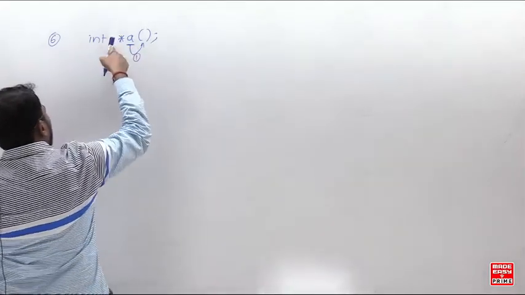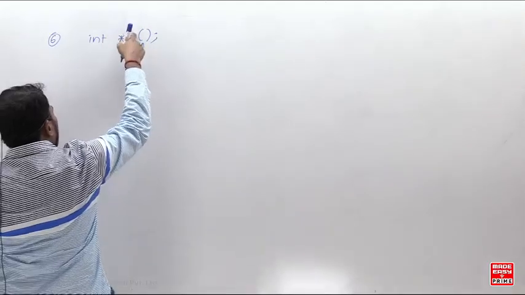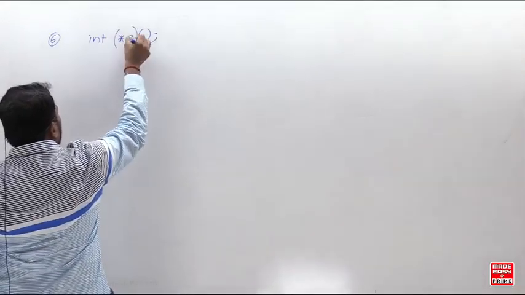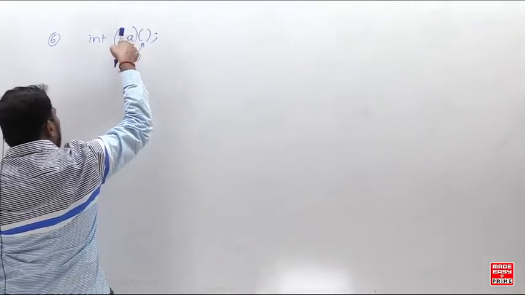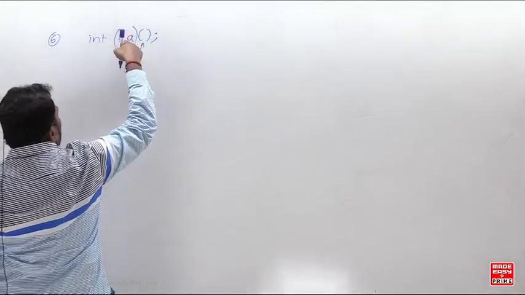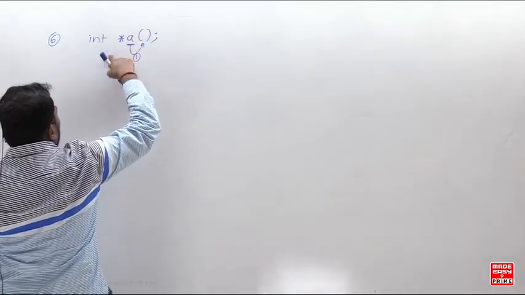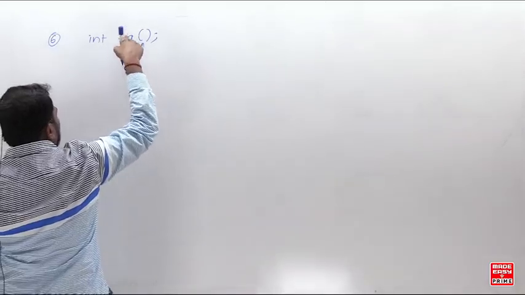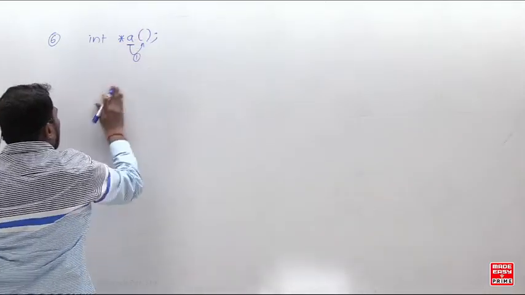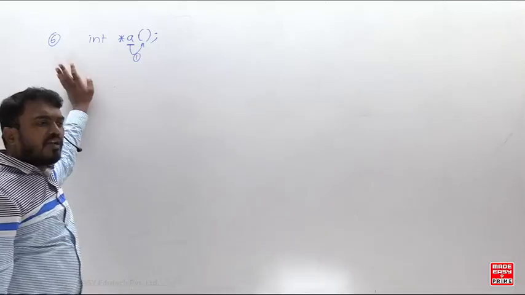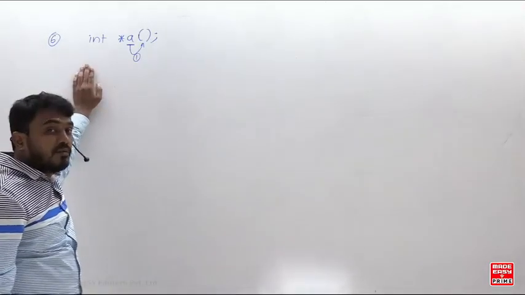Remember there is no bracket here. You should not say A is a pointer. If there was a bracket here, then you would say A is a pointer. So there is no bracket here. You have to say A is the function. When you say A is a function, is it taking any arguments?